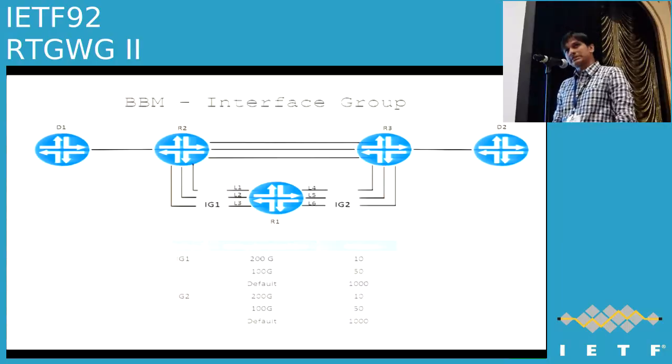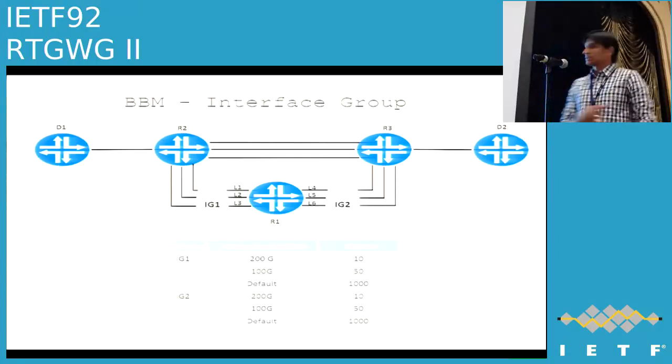If it falls to 100 gig, I want to keep the metric as 50. And if it falls below 100 gig, then I want to keep the metric as 1000. So the default metric acts as the lowest preferred metric. If your group bandwidth is not satisfying any of the configured metrics, then it will pick the default metric, right? So how does this work?